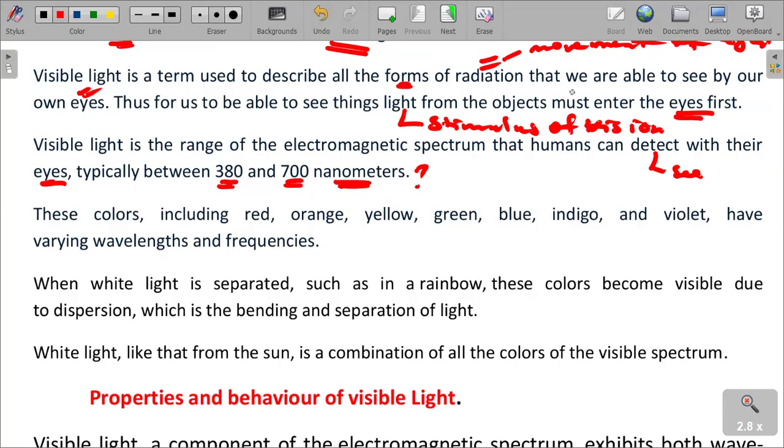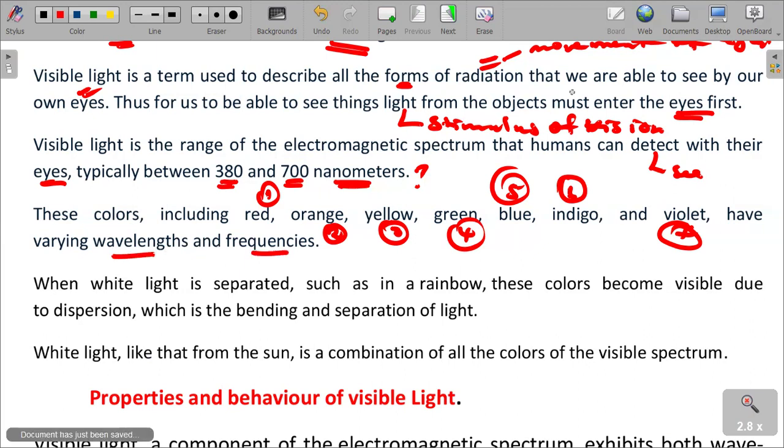These colors include red, orange, yellow, green, blue, indigo, and violet. They have varying wavelengths and frequencies.